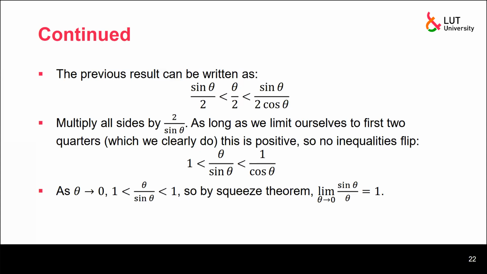So we get 1s on both sides, and in the middle something essentially the same as sine theta over theta. And therefore, by the squeeze theorem, the limit of that when theta goes to 0 must also be 1.